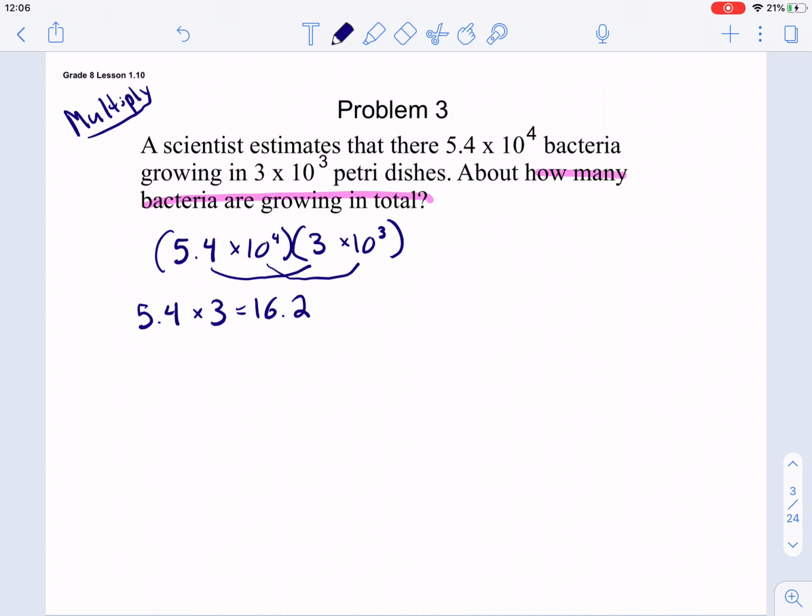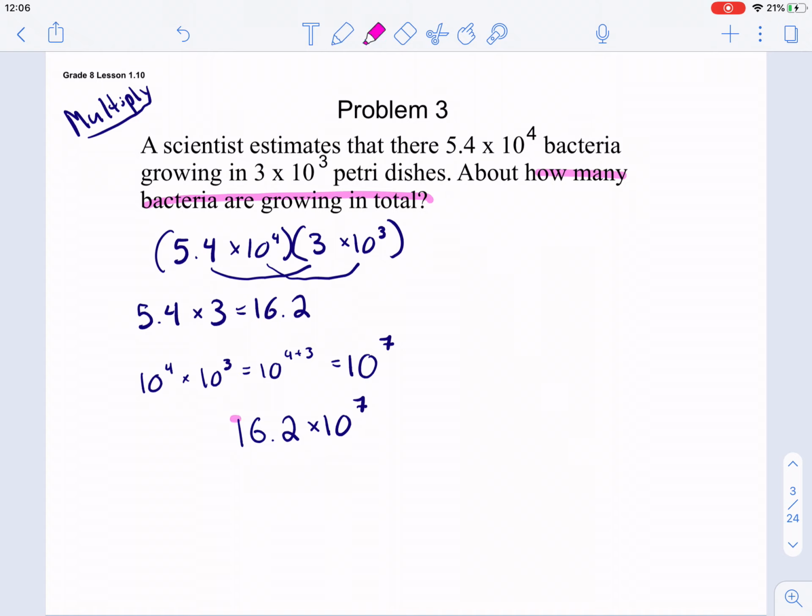Then I can multiply my tens with the exponents. So 10 to the fourth times 10 to the third. Again, I can use my exponent rules, and since I'm multiplying, I'm going to add my exponents. So 4 plus 3 is 7. So I get 10 to the 7th power. Now, I would just combine my two numbers, 16.2 times 10 to the 7th power.